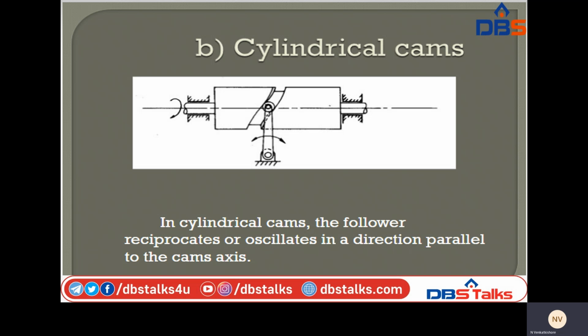Cylindrical cam means in this, the follower reciprocates or oscillates in a direction parallel to the axis of the cam, and the follower rides in a groove of its cylindrical shape.